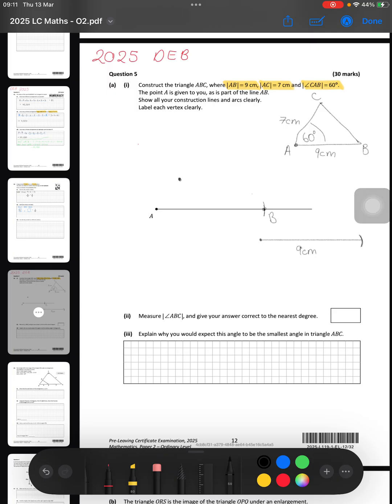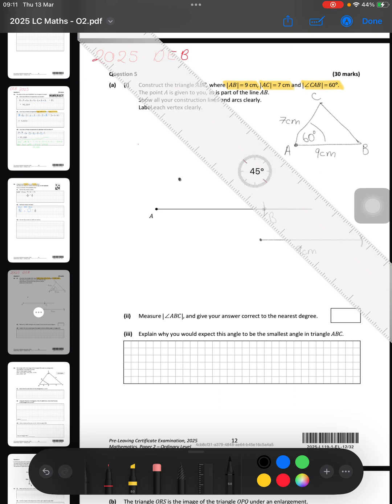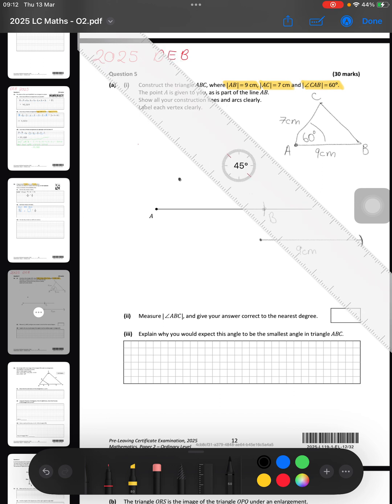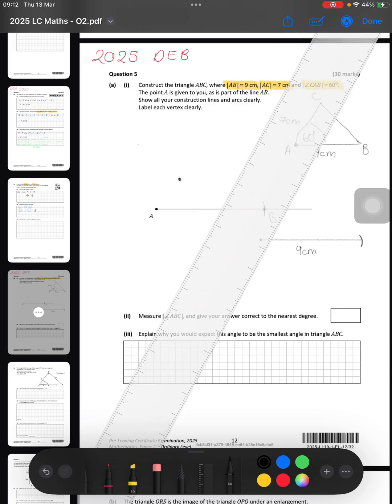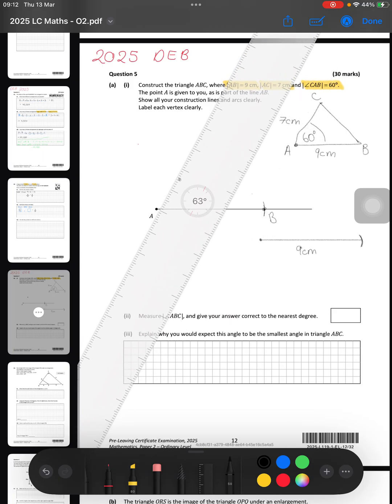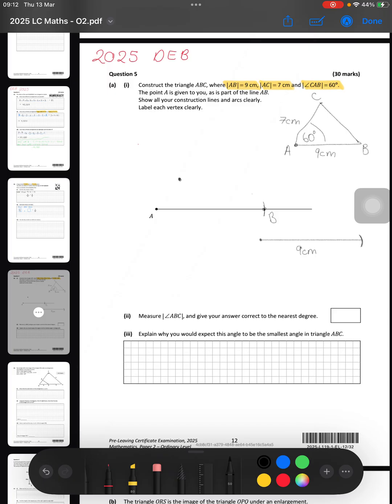Then get your ruler, and place it so that you can draw your line from A through the point there. Extend it out past it.